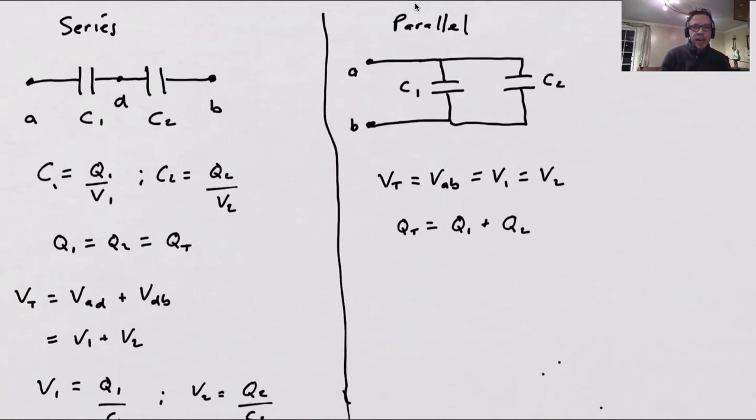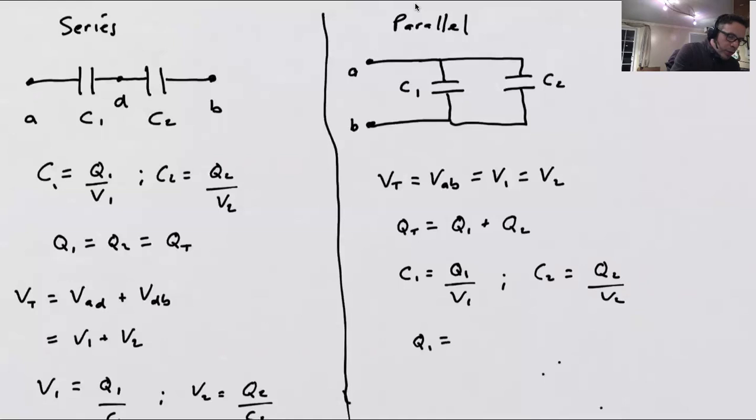So let's use the definition for C1 and C2 and solve for Q1 and Q2. Since C1 is Q1 over V1 and C2 is Q2 over V2, that tells us that Q1 is just C1 V1 and Q2 is C2 V2.